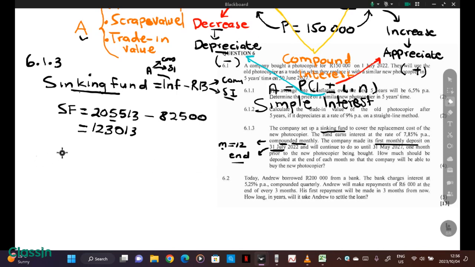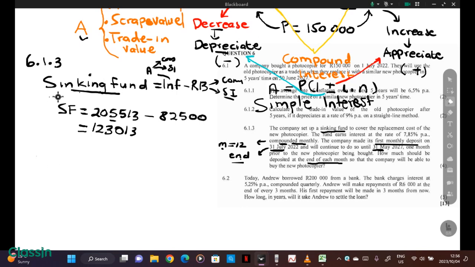our formula is going to be the one that represents the future value. And will continue to do so until the end. It starts at the end and it ends at the end. Nice. So 1 month prior to the new photocopier being bought, how much should be deposited at the end of each month so that the company will be able to buy the new photocopier?